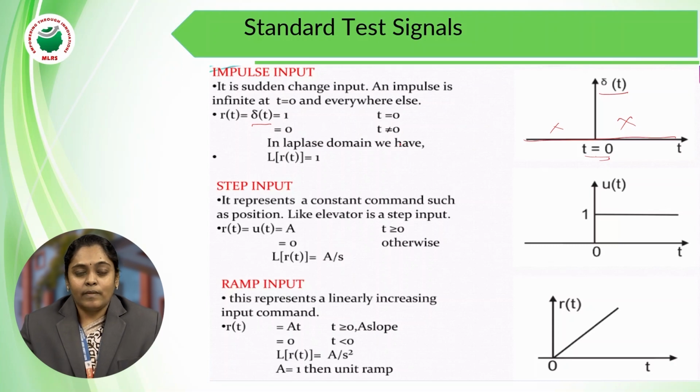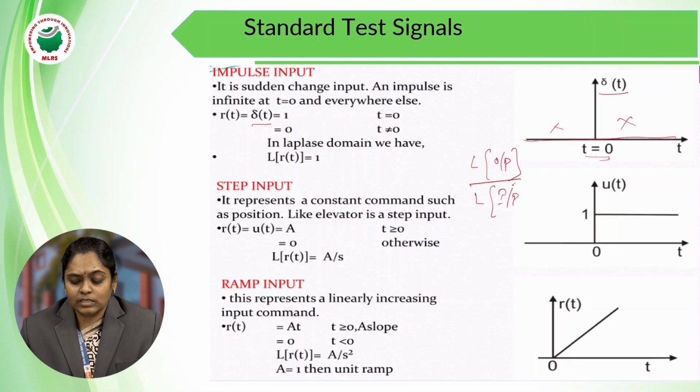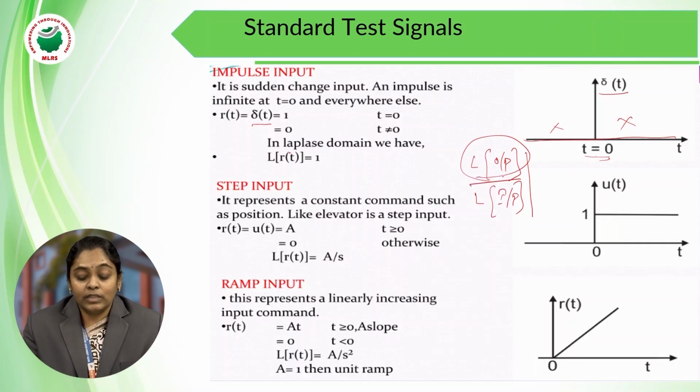And all these things we are going to find out for a transfer function. As we already know, a transfer function is the Laplace transform of output divided by the Laplace transform of input, assuming the initial conditions as 0. So as I need to calculate the Laplace transform of output and input, here the Laplace transform of the impulse signal is 1.